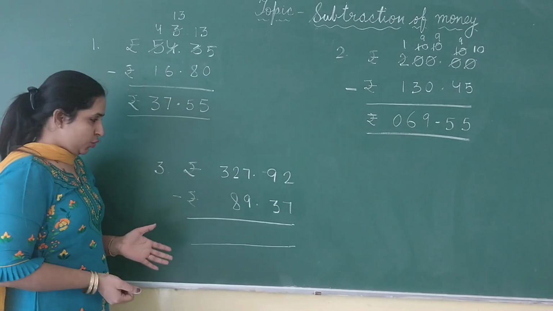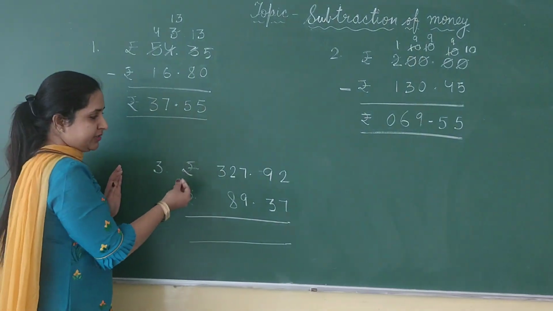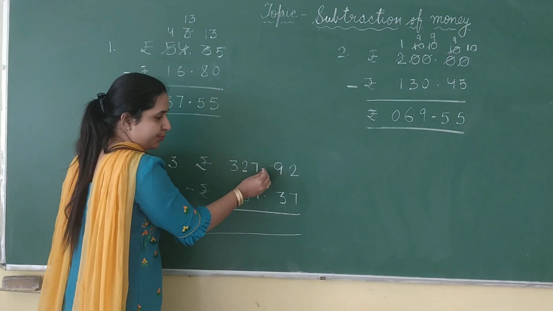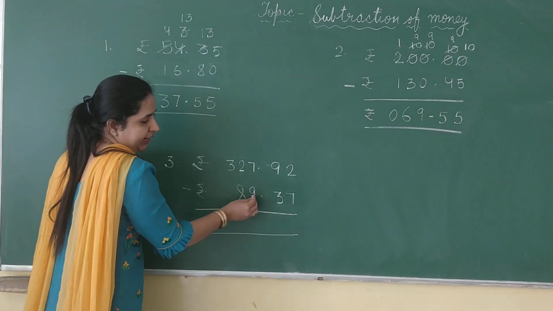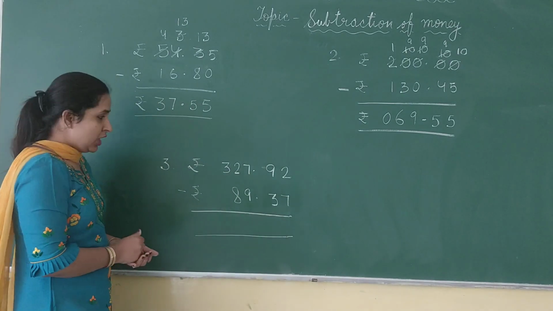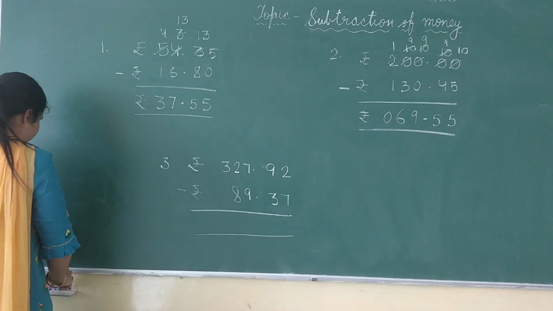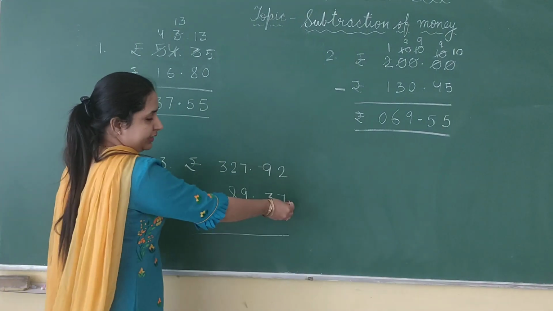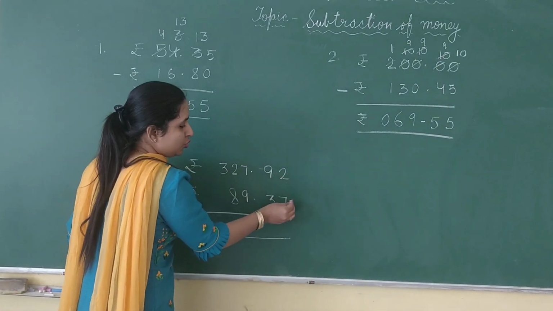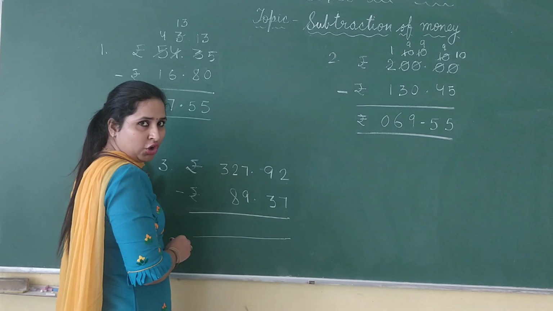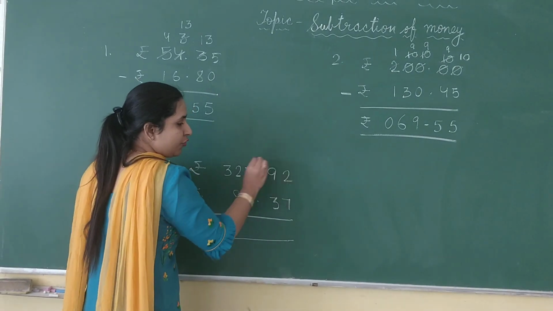Now, what is the next question? It is given rupees 327.92 and we have to subtract rupees 89.37 from it. Again, how to start? We'll start from the right hand side. It is 2 here and it is 7. From 2 you have to subtract 7 but you cannot. So this 2 will take a borrow from this number.